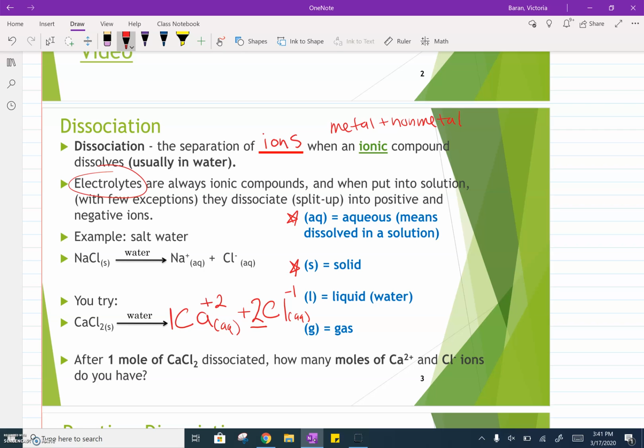Well, there's a 1 right here, so we would have 1 mole of calcium ions. And as far as the chloride ions, we have 2 of those. Now, in total, if they were asking for the total number of moles, that would be 2 plus 1, which will give you 3, as far as the total number of moles that you got from disassociation.